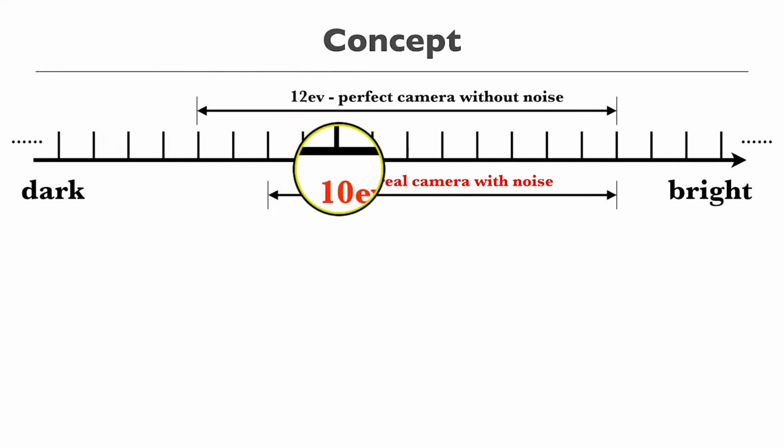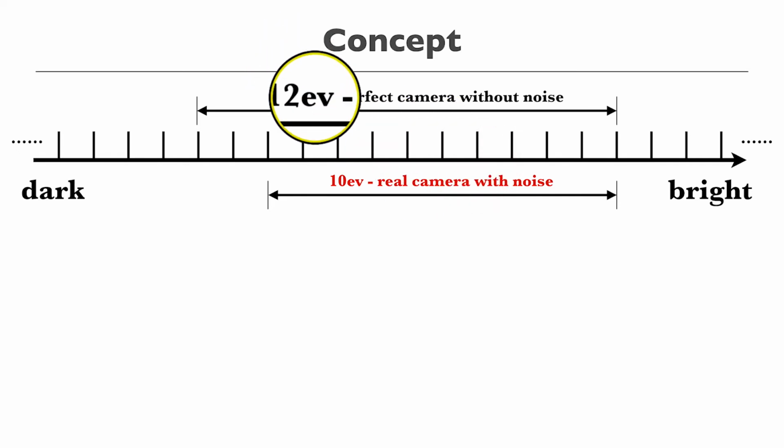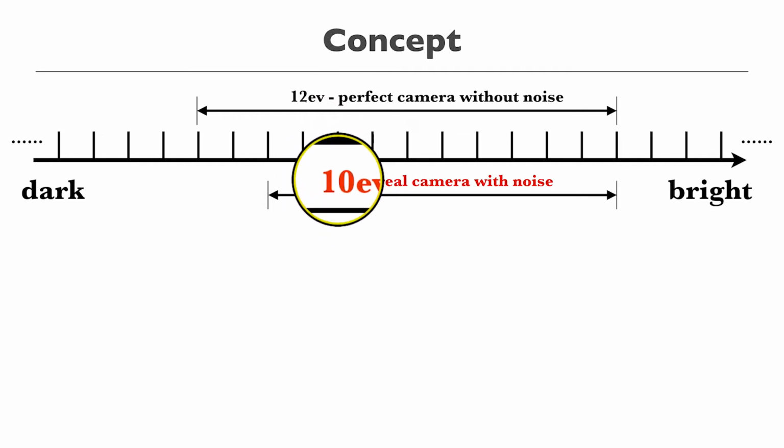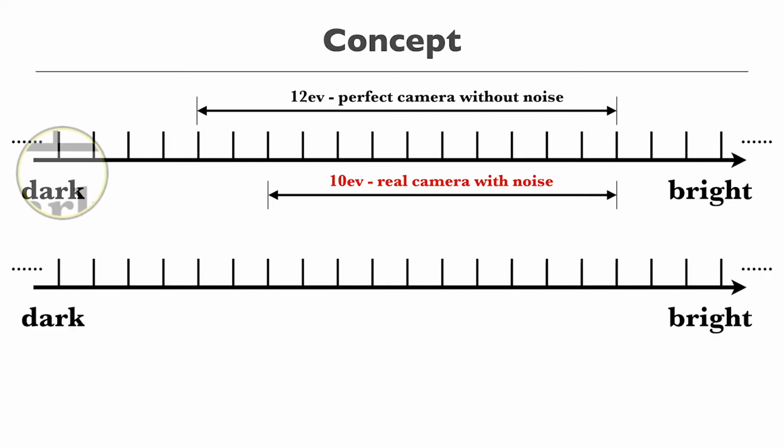So the effective dynamic range for the camera is normally narrower than the theoretical value. So in theory, we have 12 EV dynamic range, but in fact, we can have 10 EV in real life. This is the natural environment from the dark to the bright.